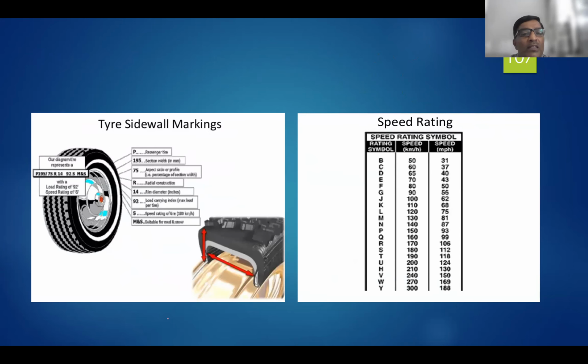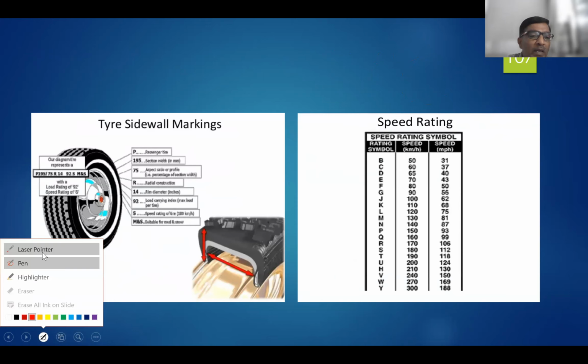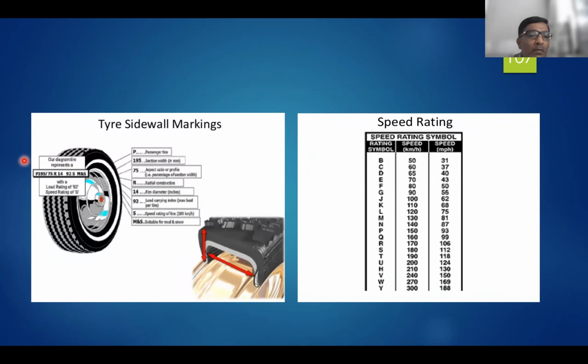Then you can see the tire sidewall marking. This is the marking shown on the tire, which may be asked during your campus interview.